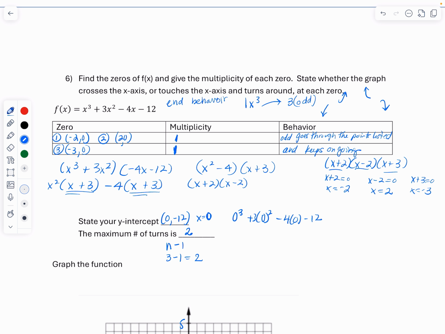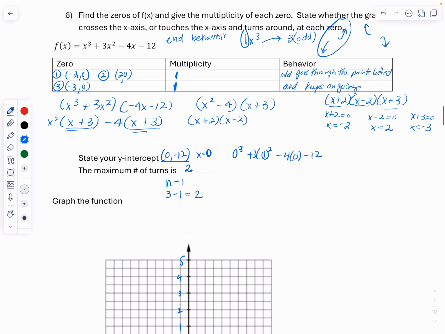To figure out which one's which, I have to look at that coefficient of 1. 1 is also positive. So when you have a positive coefficient, the left is going to fall and the right is going to rise. So I have this situation.